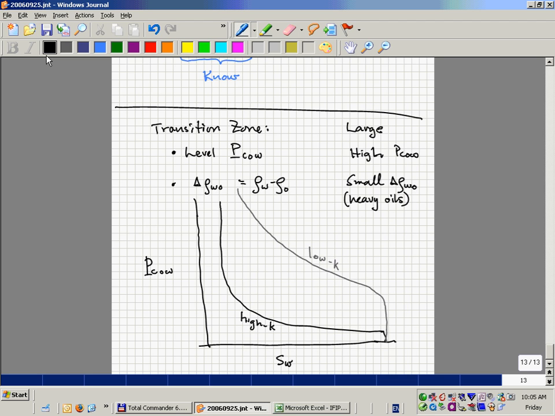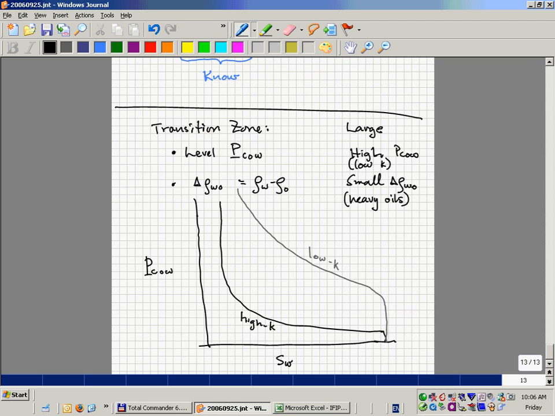So you get a much lower capillary pressure curve. Therefore, what we can say is that high P_C means, in general, low perm. Low permeability reservoirs tend to have high capillary pressures.